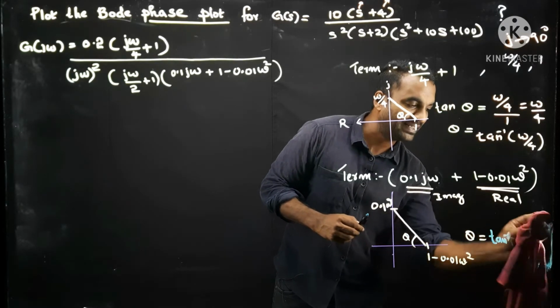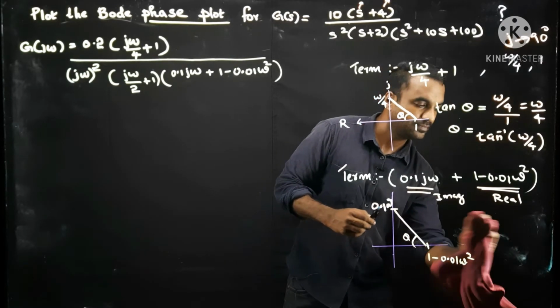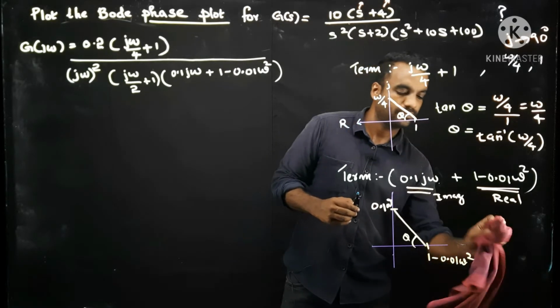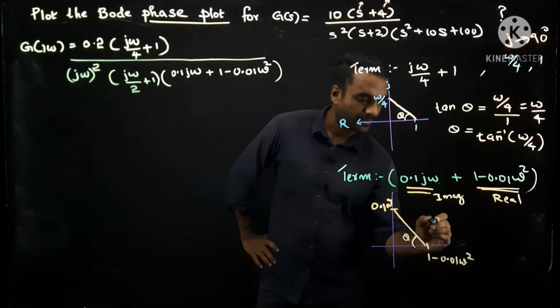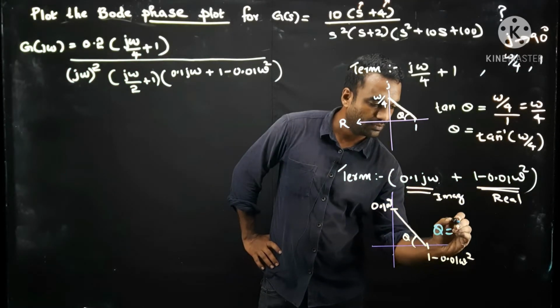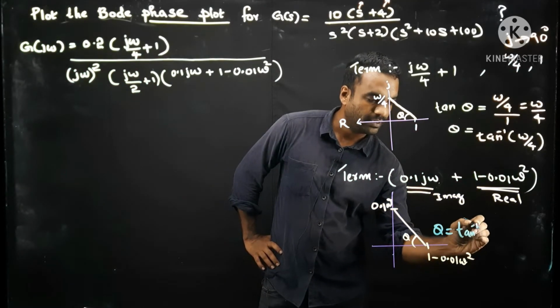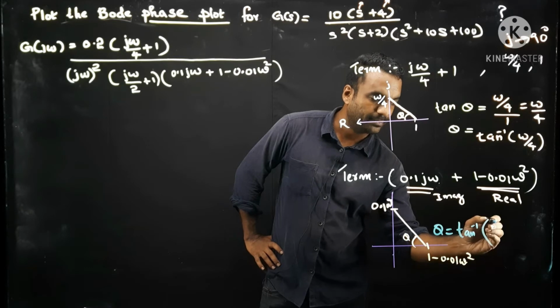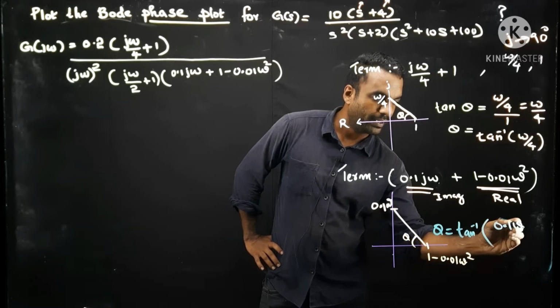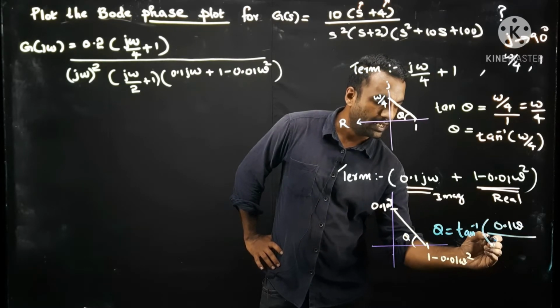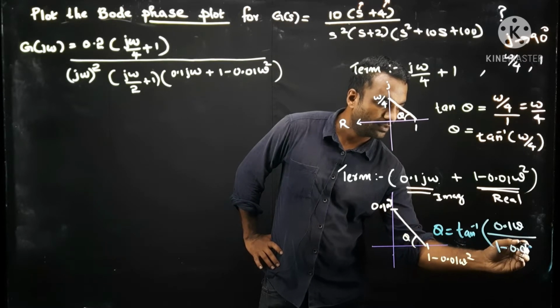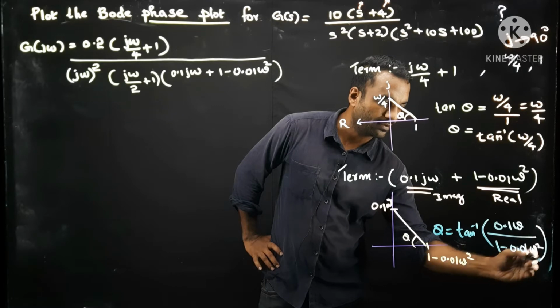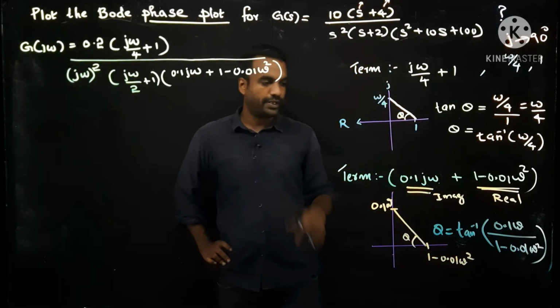Here a space limitation is there, so I will write it here. Theta is equal to tan inverse of opposite side or imaginary term, that is 0.1 omega, all divided by adjacent side, that is the real term, 1 minus 0.01 omega square. Now it's okay.